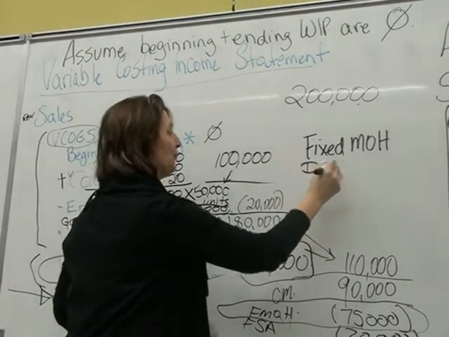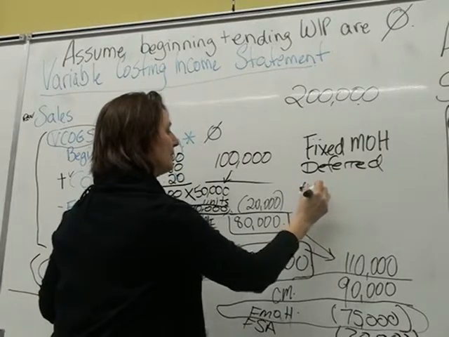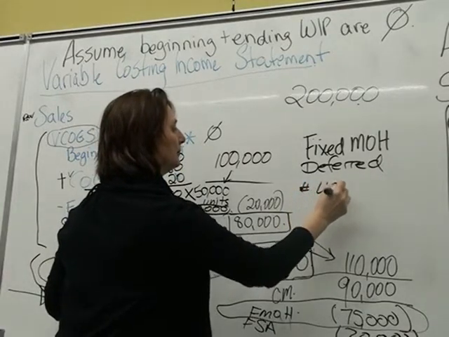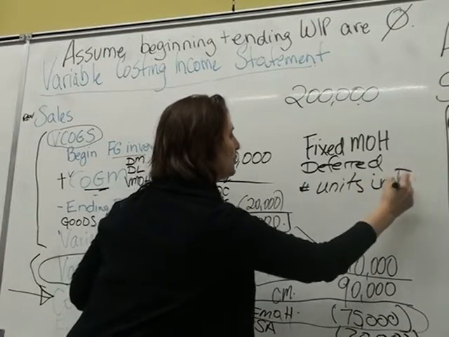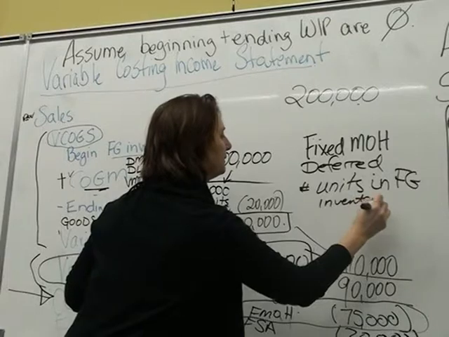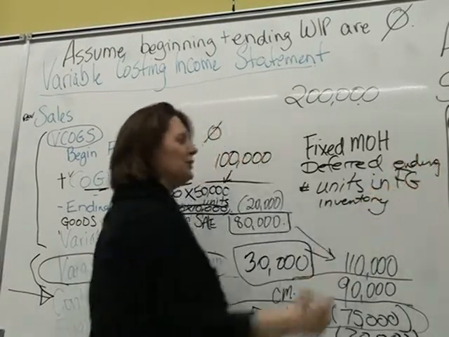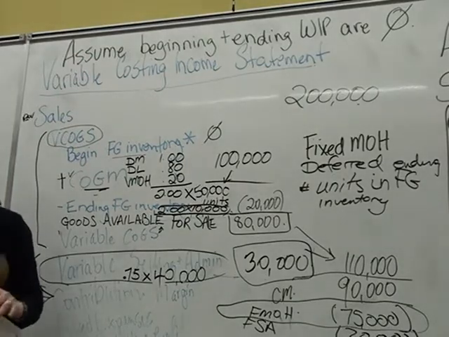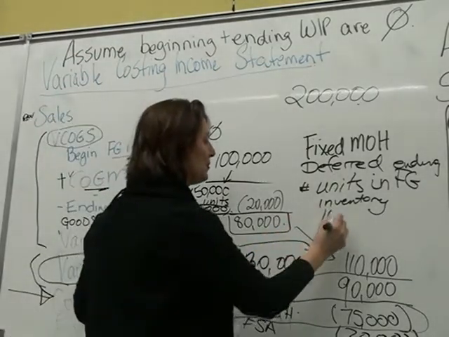So the amount that's deferred is the number of units in finished goods inventory. This is ending finished goods inventory. So how many units are in ending finished goods inventory? 10,000, because we made 50 and we sold 40.